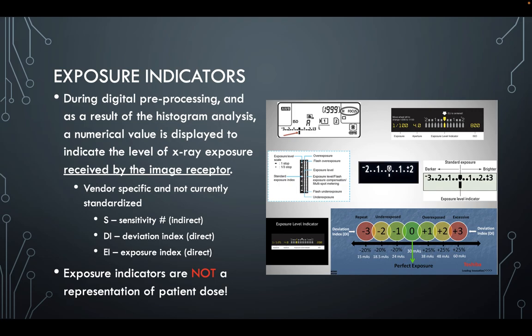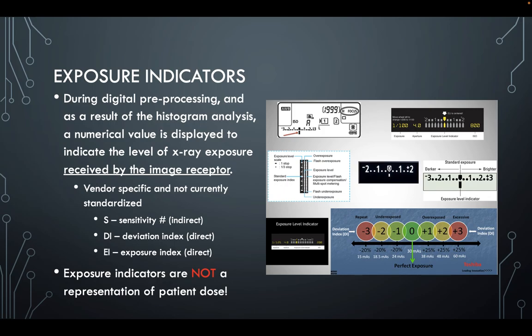If it got more than what it was expecting, you're going to get an exposure indicator that is oversaturated or too high. If it receives signal that is less than what it was expecting, you're going to get an exposure indicator that indicates underexposure.